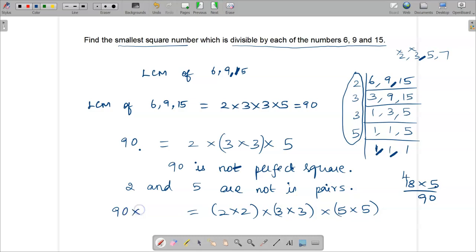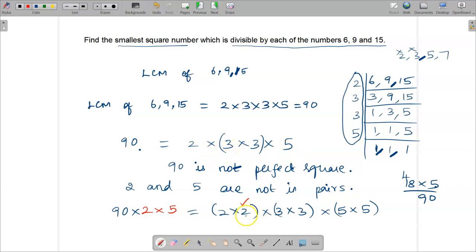Similarly, the 90 you have to multiply by, already one 2 is there, which term is not there in the left hand side? 2 is not there, so just multiply by 2. Again 3 into 3 is there, you have written as it is. 5 already you have written, one more 5 is there, so left hand side also multiply by 5. So this number is not a perfect square. How can I make this a perfect square?